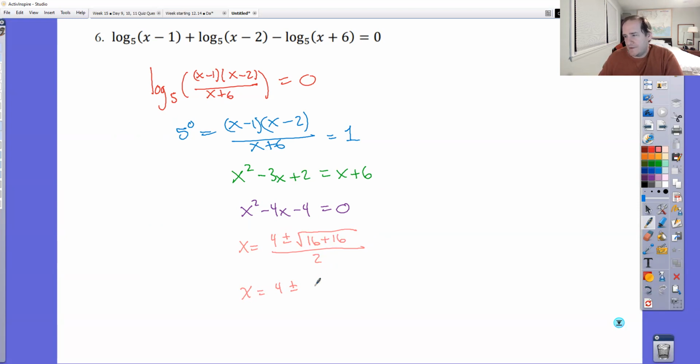Square root of 16 is 4, so this is 4 root 2 all over 2. So x is equal to 2 plus or minus 2 root 2. It's a lot of 2's. Okay, cool. How do I check for those being extraneous?